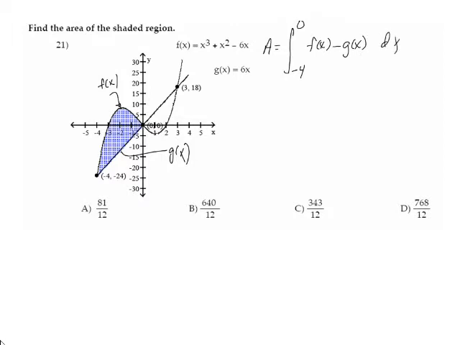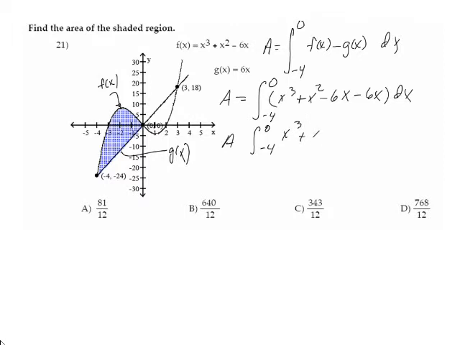So the area is equal to the integral from -4 to 0 of x cubed plus x squared minus 6x minus 6x dx, and this is equal to the integral from -4 to 0 of x cubed plus x squared minus 12x.